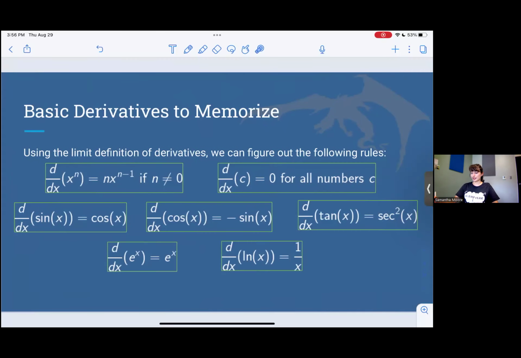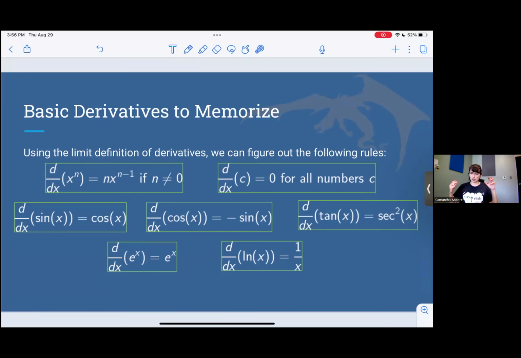And then e to the x is a favorite of calc students because the derivative of e to the x is just e to the x. And lastly, for today's video anyway, the derivative of natural log of x is 1/x.